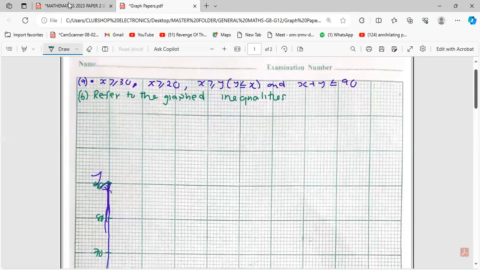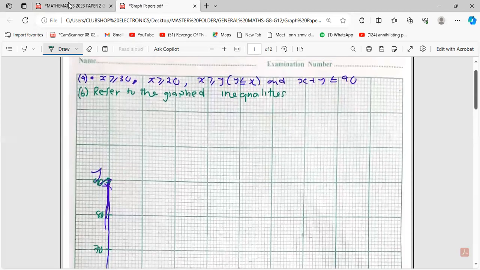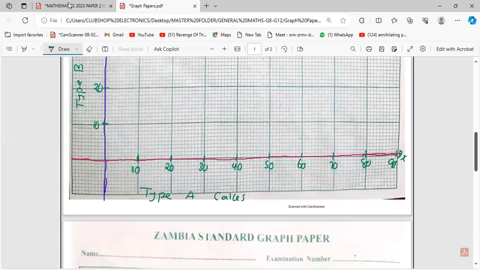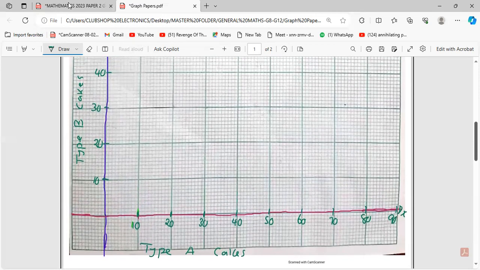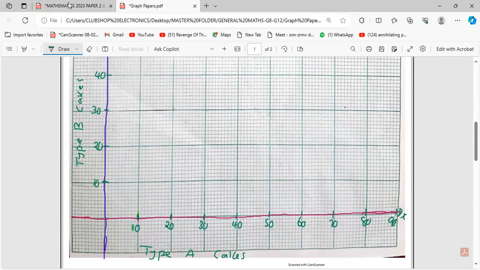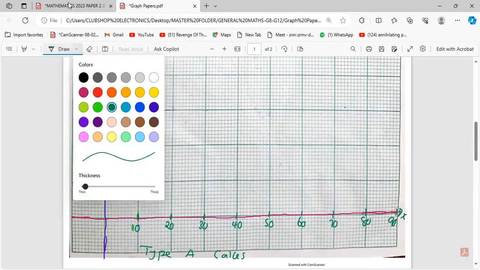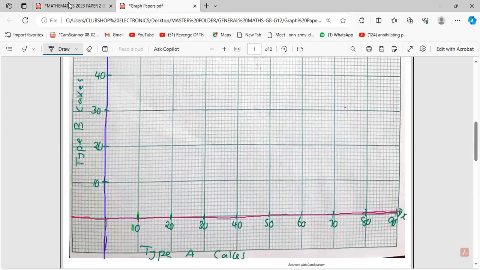The first one is X greater or equal to 30. You go to the X-axis and identify 30. Because the inequality includes equal to, you must draw a solid line passing through 30, like that.